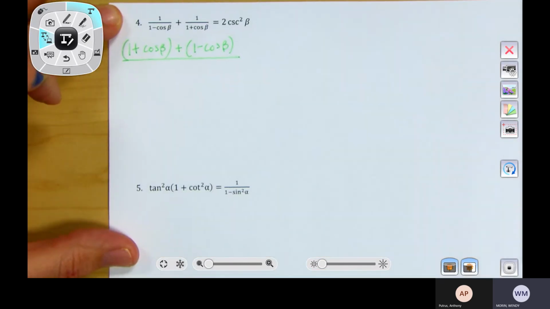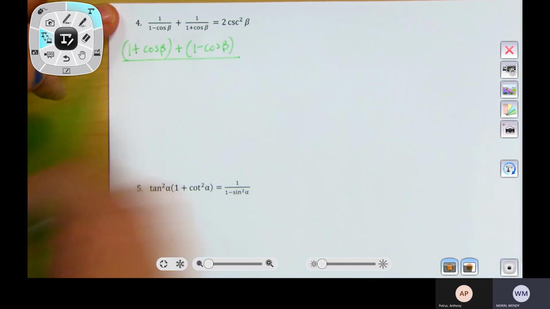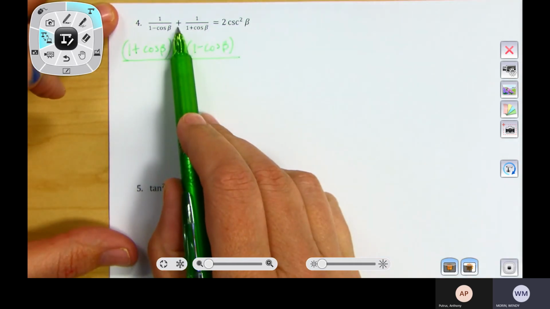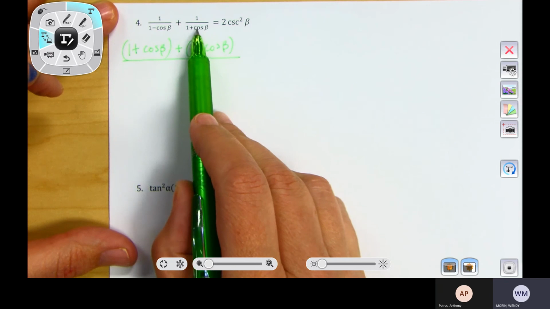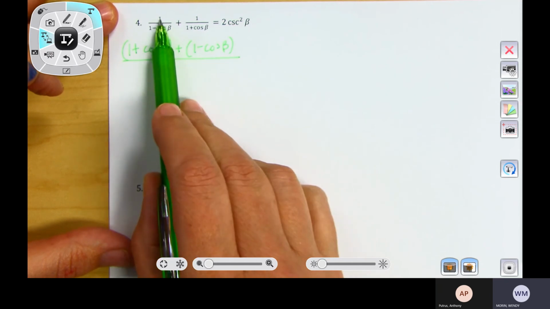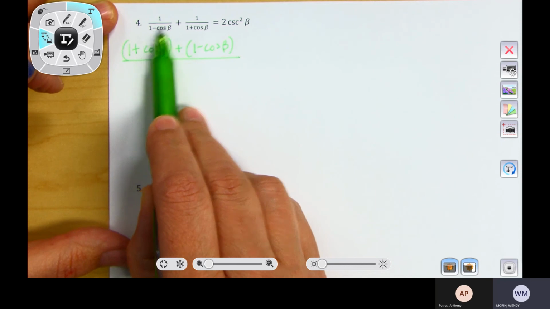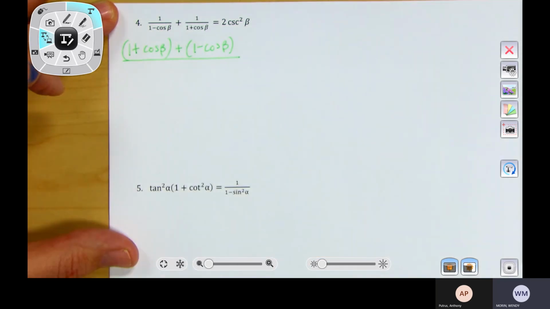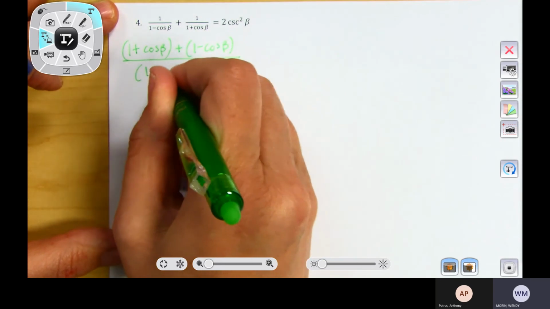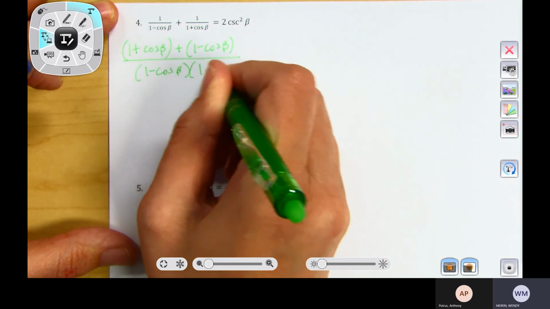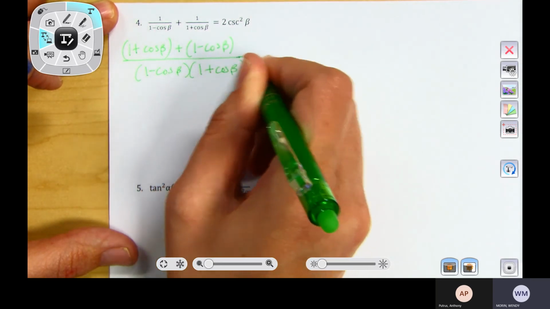So take a look at your first step. Adding fractions to get a common denominator in one step. 1 plus cosine beta times 1 plus 1 minus cosine beta times 1 all over what? 1 minus cosine times 1 plus cosine.